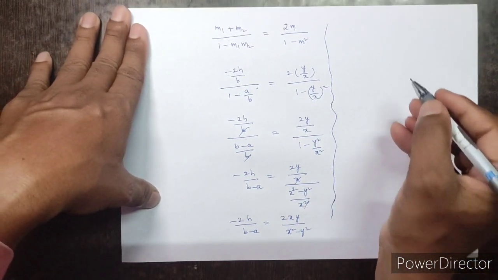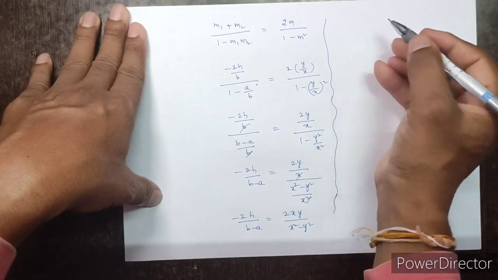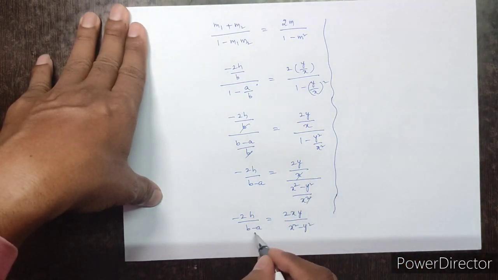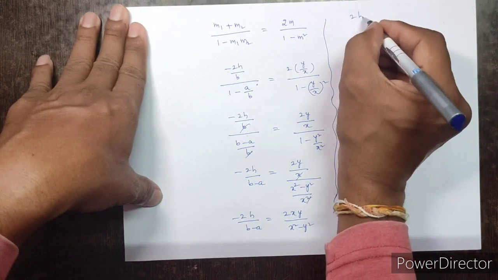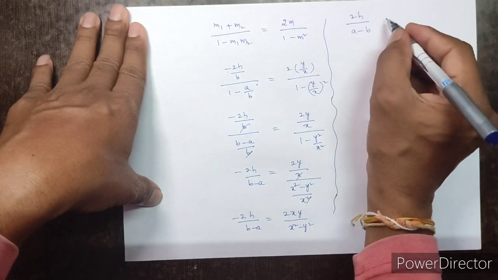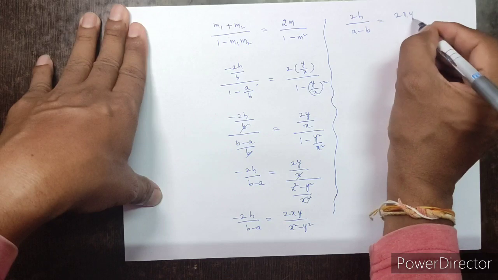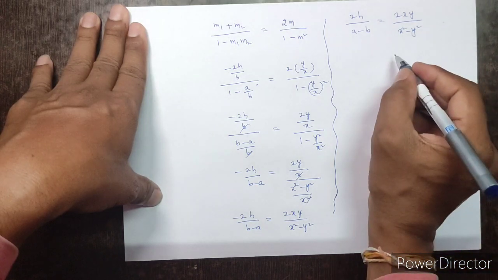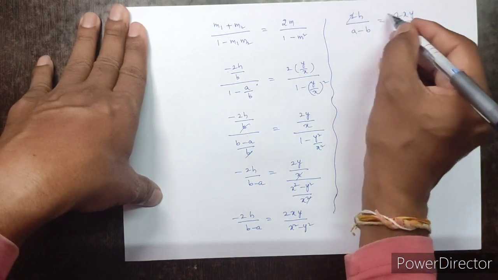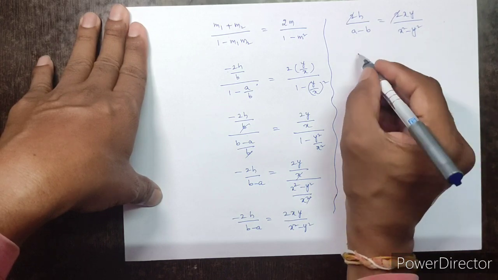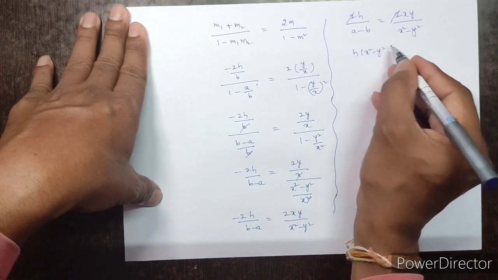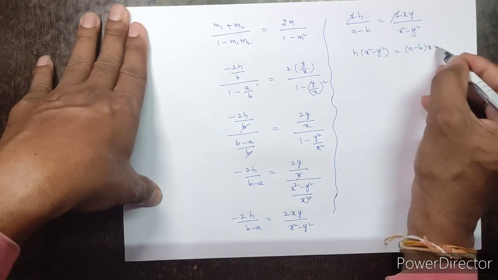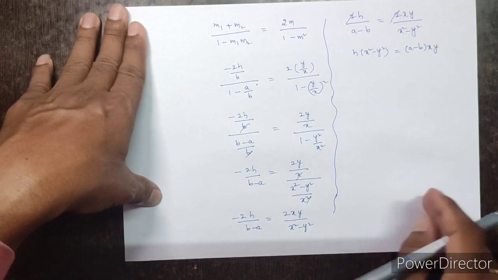This can be written as minus 2h by b minus a, that is 2h by a minus b, equal to 2xy by x square minus y square. So 2 gets cancelled, then cross multiplication: h of x square minus y square equal to a minus b of xy.